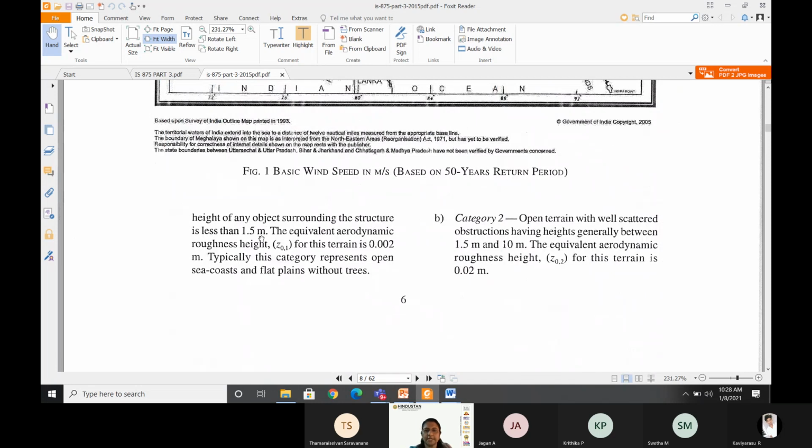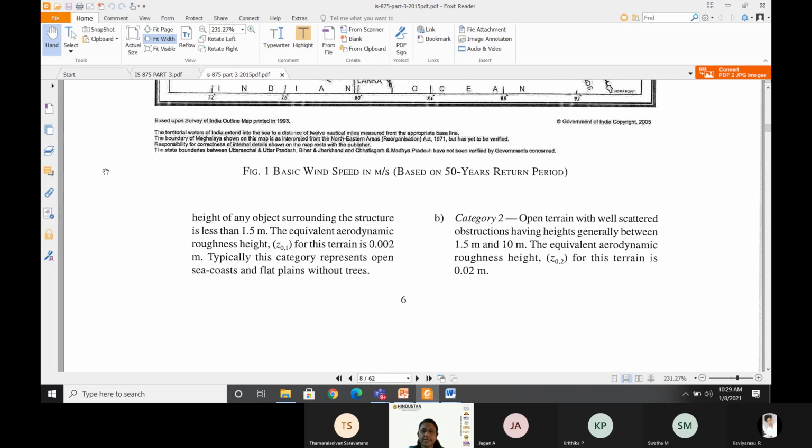That means terrain category 1 is an open terrain where there are not many other buildings surrounding the proposed building. The height of the obstructions near the building will be less than 1.5 meter, like very small huts. It is an open terrain where there are no other structures. That is what is called category 1 terrain.